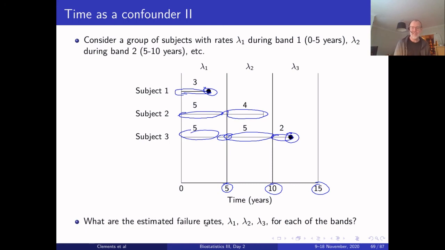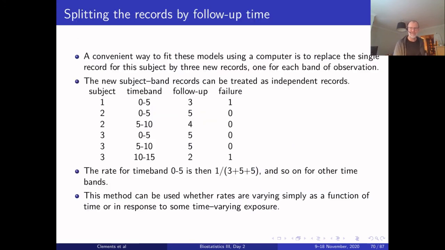What are the estimated failure rates, lambda 1, lambda 2, and lambda 3 for each of these time bands? Then, beautifully, we can collapse across. So we have 13 person years and one event. We have 0 events and 9 person years. We have 1 event and 2 person years.